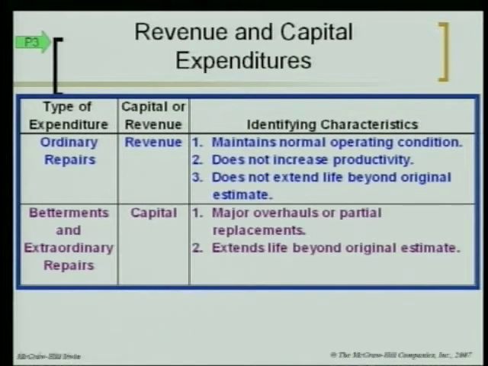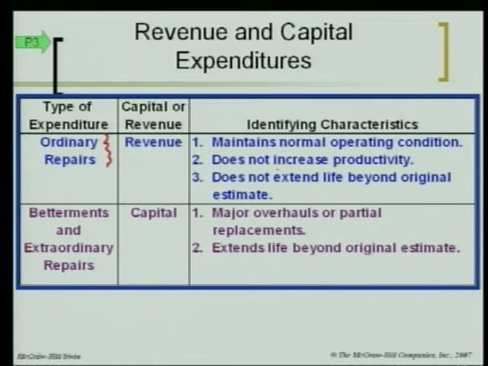There's mainly two types of expenditures. There's those that are called ordinary repairs. These are the things like getting an oil change, okay, or getting a tune-up. When you buy a car, for example, you know that you're going to have to get oil changes for it, right? You know you're going to have to get tuned up every now and then, okay?